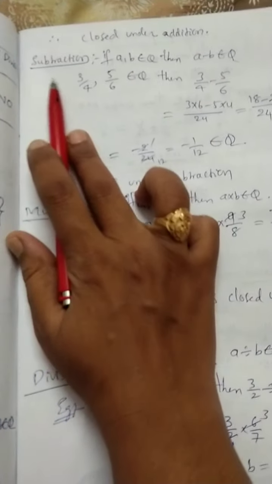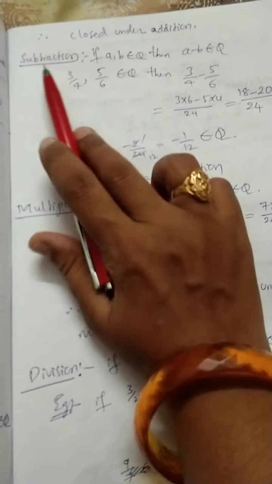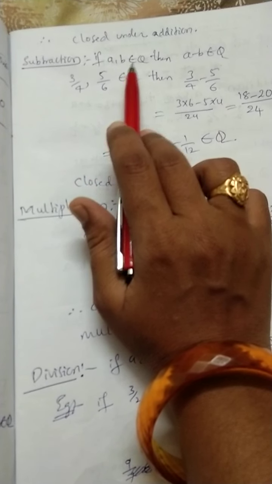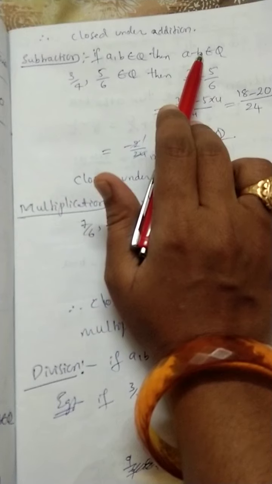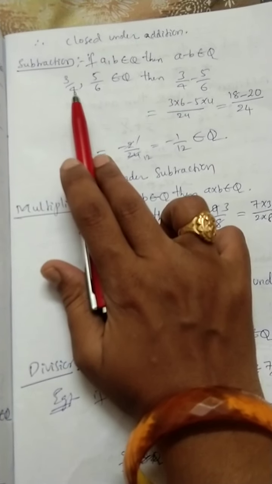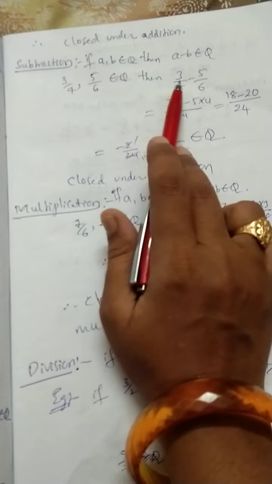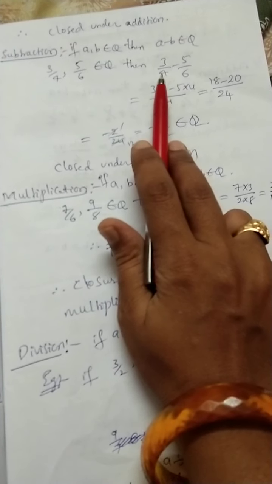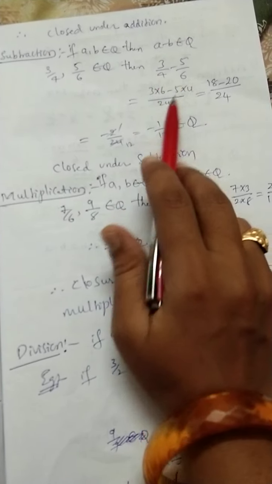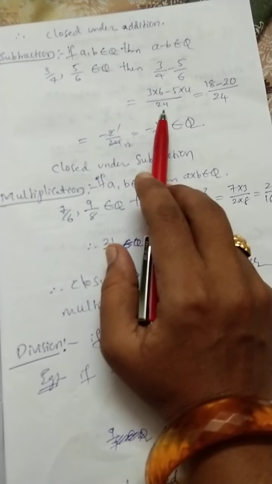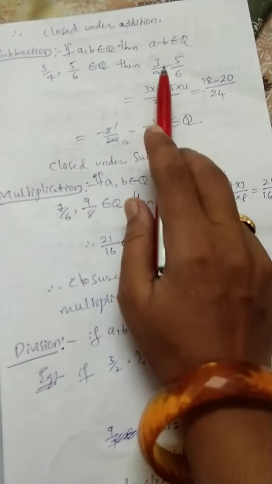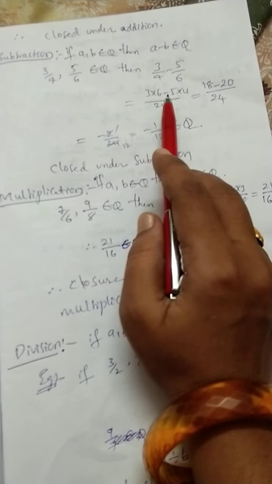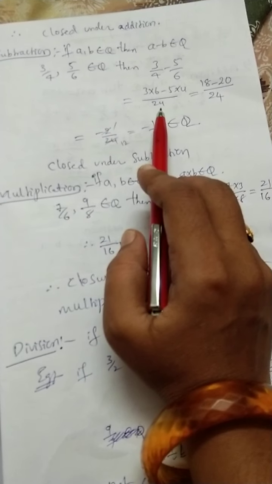Next, subtraction. Subtraction is very simple. Instead of addition we take the minus symbol. If any two numbers are rational numbers, the difference of the two numbers is also a rational number. I took two rational numbers, and for subtraction we have to subtract the two rational numbers. While doing subtraction, first you have to take the LCM. For 4 and 6, 24 is the LCM. So numerator 3 into 6 minus 5 into 4, divided by 24.